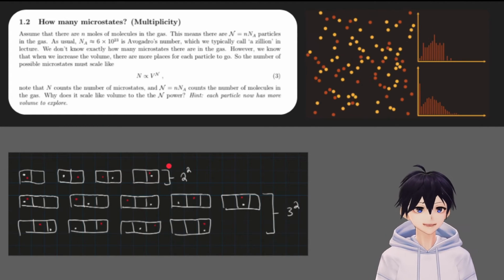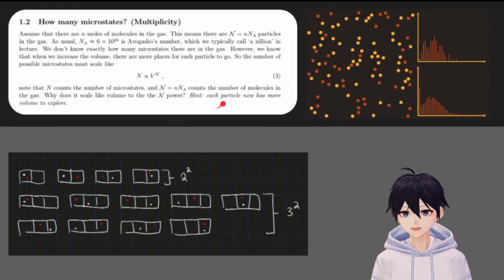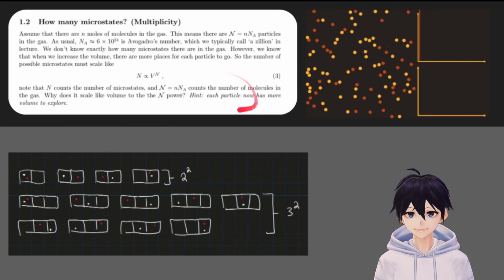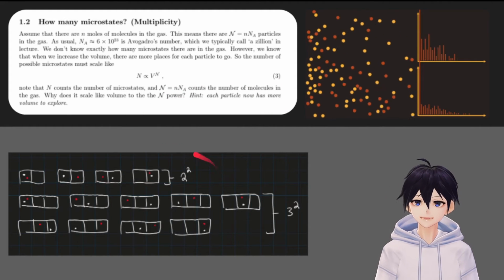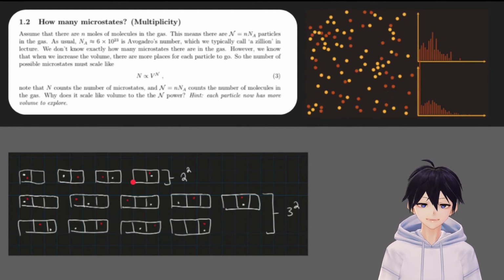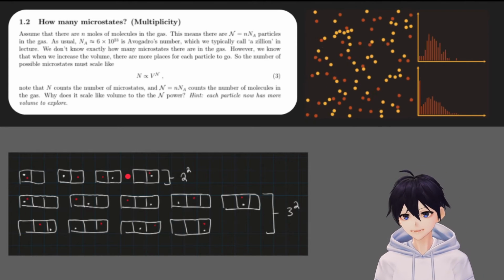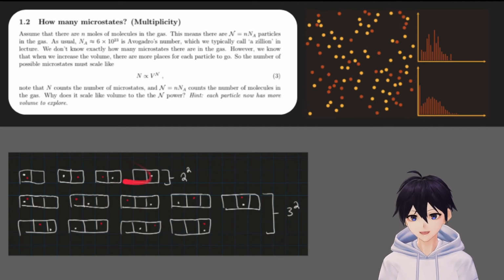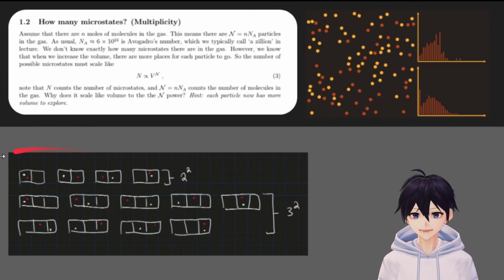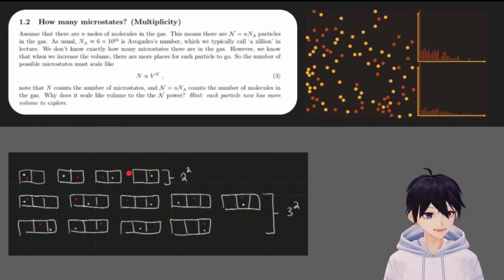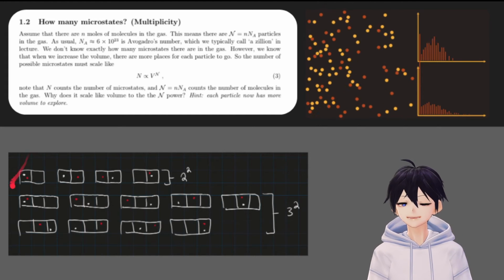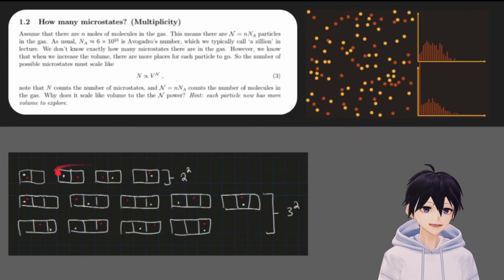I can explain how that hint works by starting with a small number of spots and a small number of particles. If we have 2 spots and 2 particles, there are only these combinations, only these types of states the particles can be in.